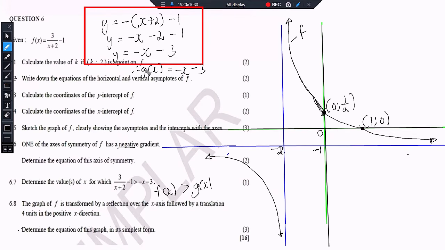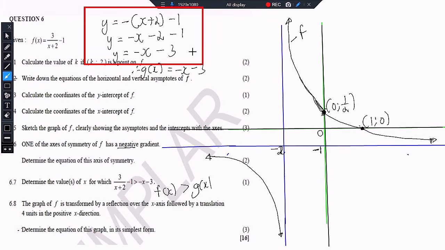So if we are to take the axis of symmetry with the negative gradient as our equation of g of x, when we interpret it, it would mean, where is the hyperbola graph above the axis of symmetry with the negative gradient? Now, understand this. The axis of symmetry with the negative gradient would have to pass through here.